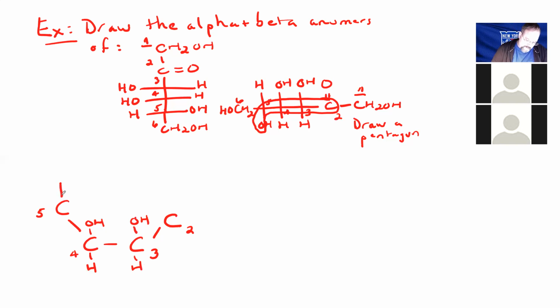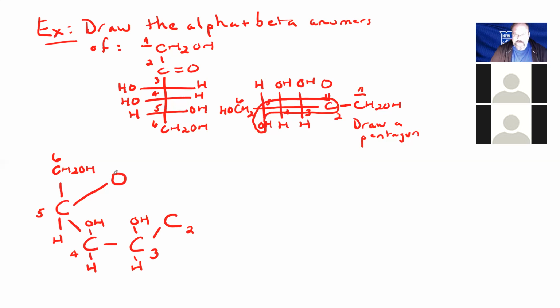So carbon number 6 is going up, and the hydrogen on carbon 5 is going down. The only real difference is that instead of the OH going directly to the right, the OH is going to the right, but diagonally up. I'm not going to put the hydrogen on there because I know that the hydrogen on that oxygen is going to come off when I form the ring.